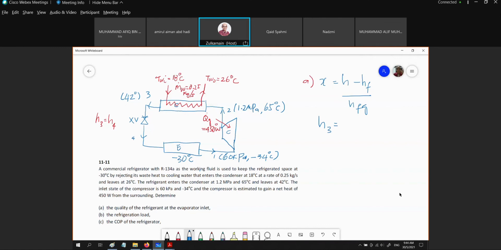So this is 4, 4, and 4. And H3 is equal to H4. And what is H4? H3 is based on the pressure of 1.2 megapascal and the temperature of 42 degrees C.